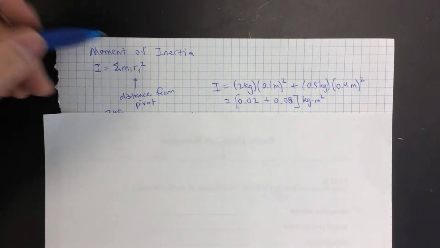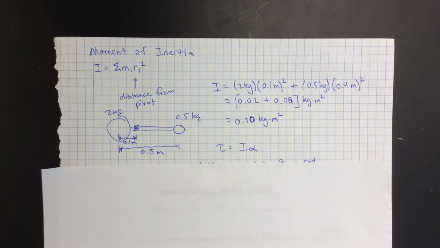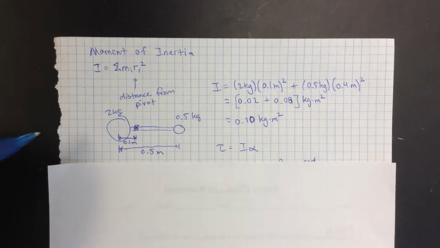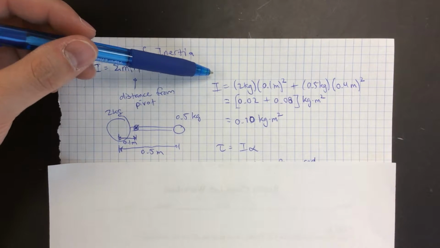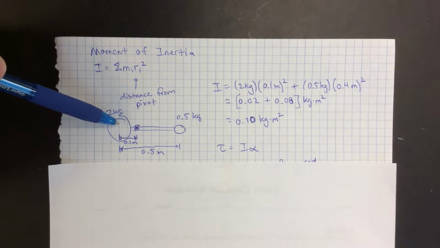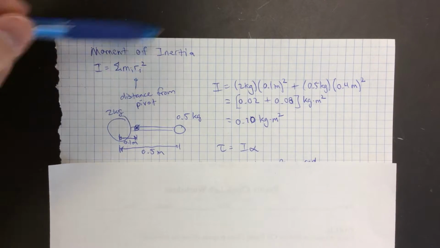The higher this number is, the more torque you have to apply to get it to start to accelerate. So let's look at that one problem that we were doing, calculating the center of mass, the one where we figured out the center of mass is 0.1 meters from the left. If you calculate its moment of inertia, this object has a mass of 2 kilograms times 0.1 meters from the center of mass.